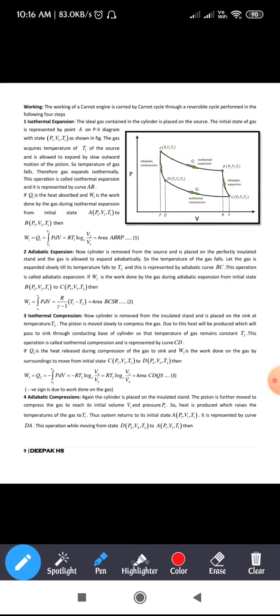You can see at B, P2, V2, T1. So from A to B, the gas undergoes isothermal expansion without changing the value of temperature. So this is regarding the PV diagram. Next, we need to calculate the work done.